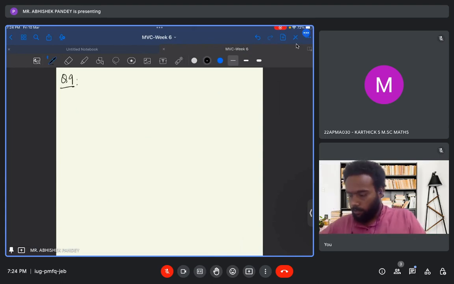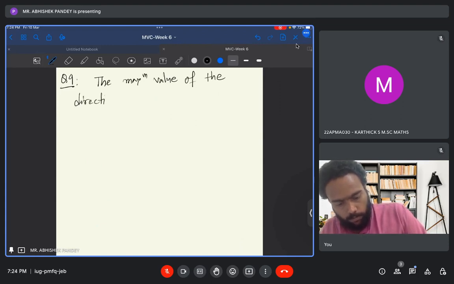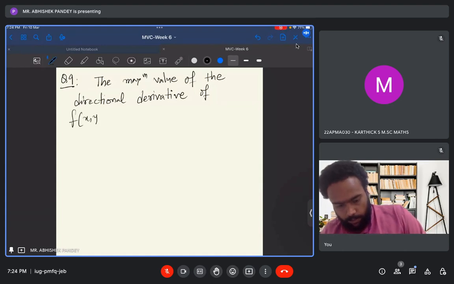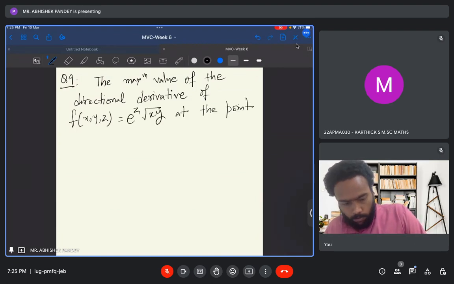So question number 9 is the maximum value of the directional derivative of f of x y z equals e to the power z root over xy at the point 2, 1, 4. We need to find it out.